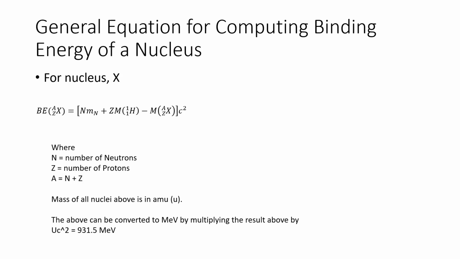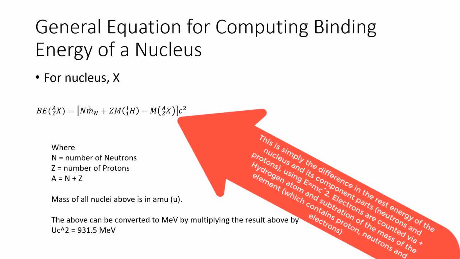The general equation for computing the binding energy of a nucleus X, say helium, for example: A is the number of neutrons plus the number of protons, and Z is the number of protons. So how do we compute the binding energy for this atom? We multiply the mass of the neutron by the number of neutrons.